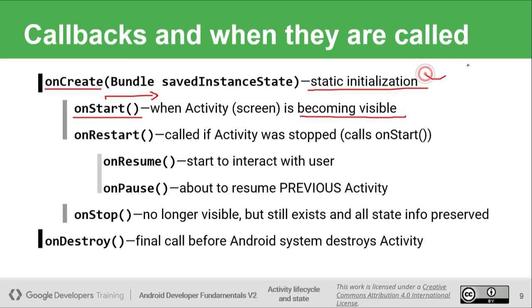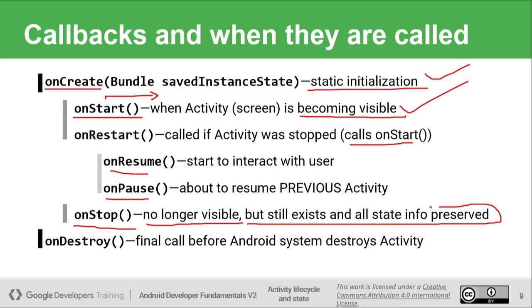At the previous state it is not visible, but in this state it is visible. onRestart is called if the activity was stopped, and calls onStart, and then onResume, and then onPause, which is when we start to interact with the user and are about to resume the previous activity. And then there is also a function called onStop: no longer visible but still exists, and all state info is preserved. So in this state the information is preserved and not lost at all.